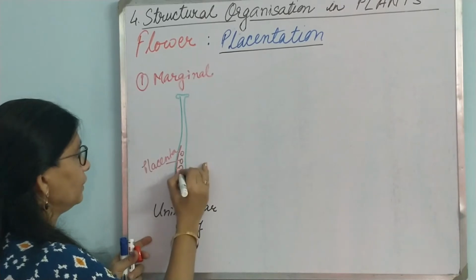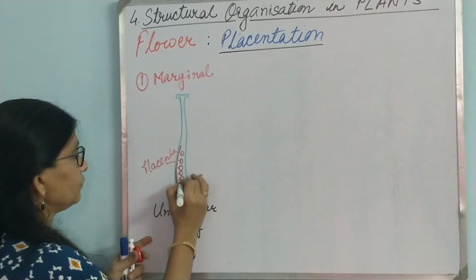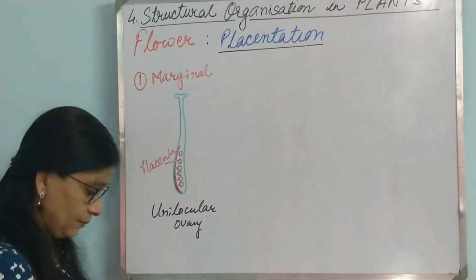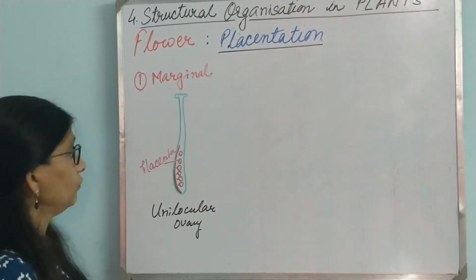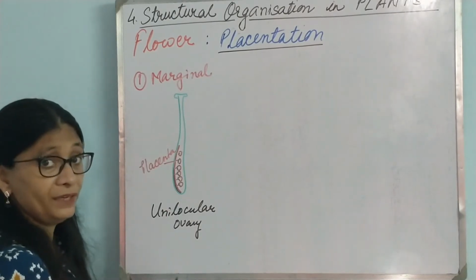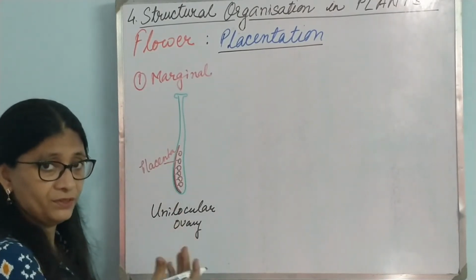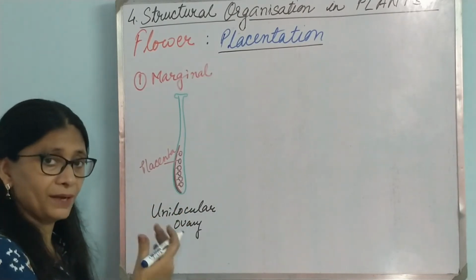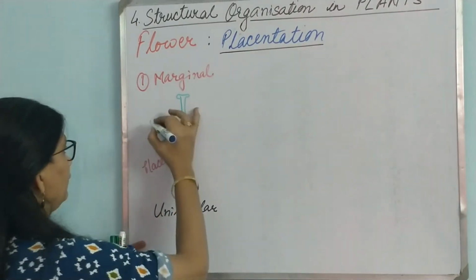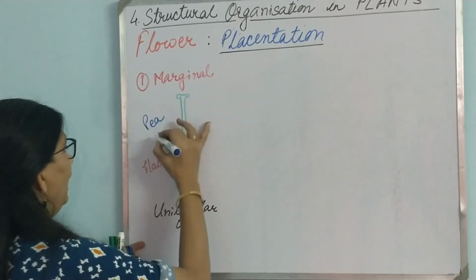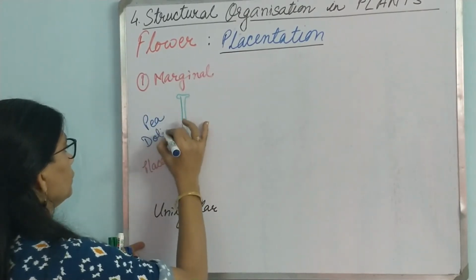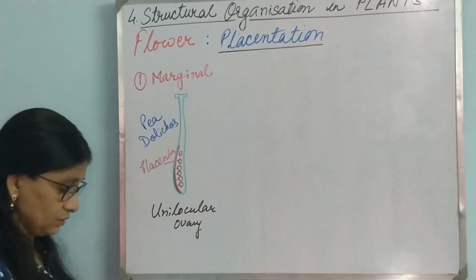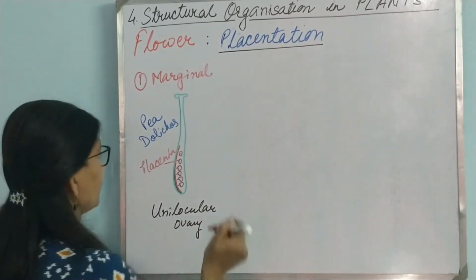And here will be the ovules. Ovules and ovary will become seed and fruit. This kind of condition we get in pea and dolichos, basically legumes. So this is marginal. Now the next type will be axile.